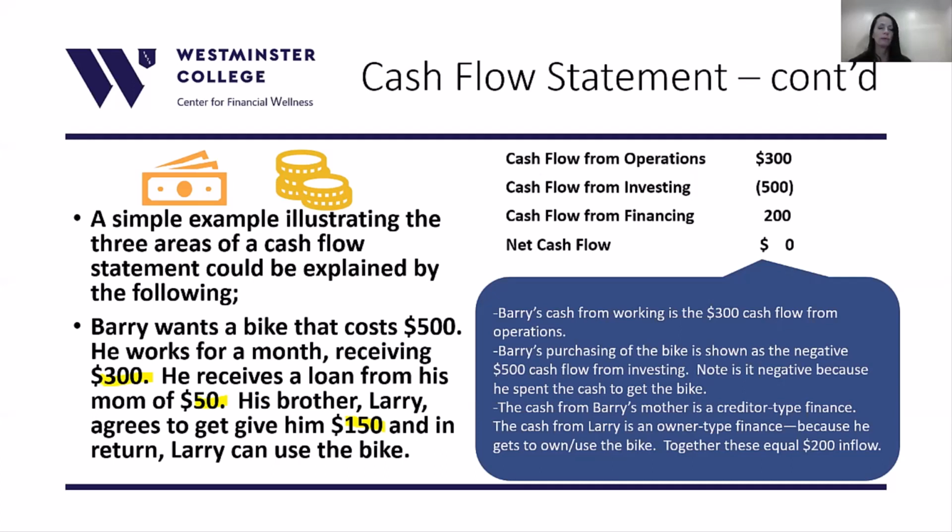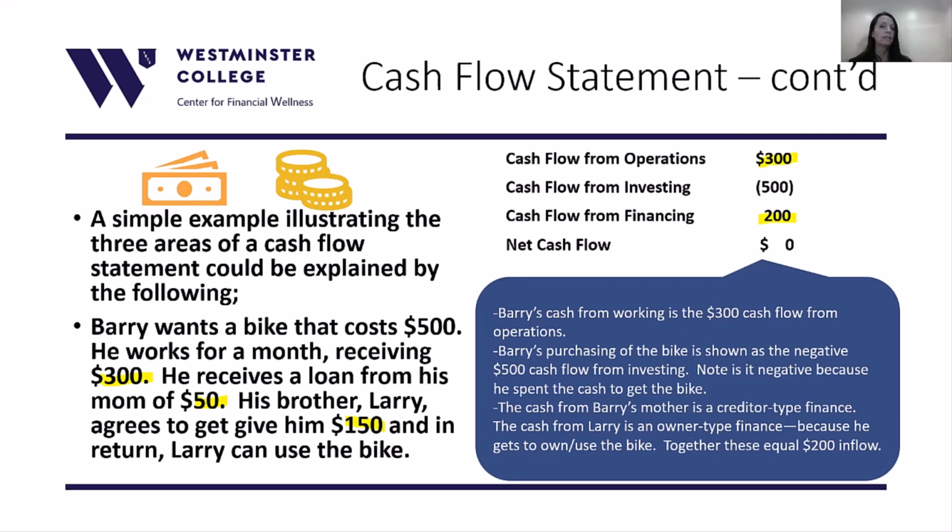And so how would we interpret this on a cash flow? Cash from operations, that's from Barry working, that's going to be our $300. And notice it's positive because it's an inflow. He's getting that money. He's the company. Cash from financing, it's 200, and that is made up of the loan from his mother of 50 and the inflow of cash from his brother, Larry, of 150.